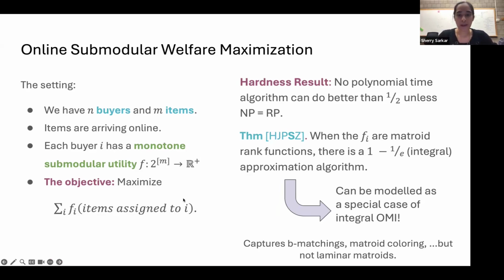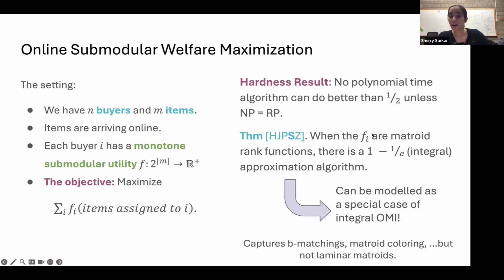People love this. But people had their hearts broken when it was proven that there is no polynomial algorithm that can do better than half unless NP is equal to RP. And it turns out greedy is just going to get half on this. So really, this problem is a little bit intractable past the trivial algorithms. What I think is really cool about this problem is that it's not exactly similar to our problem, except in a special case.